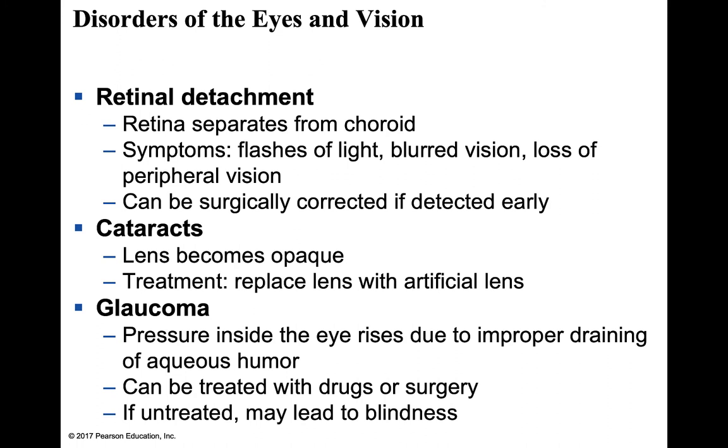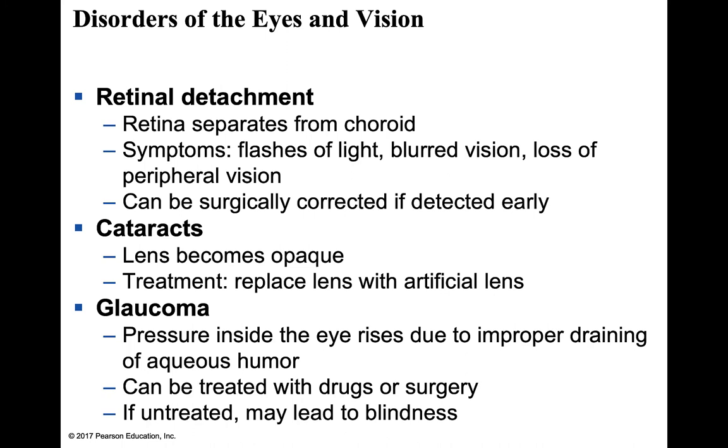As we get older, some of us may develop cataracts, which is when the lens becomes cloudy or opaque. The treatment for this quite often is replacing the lens with an artificial lens.